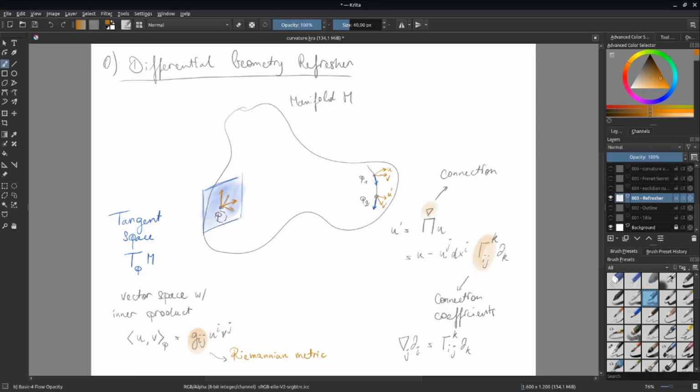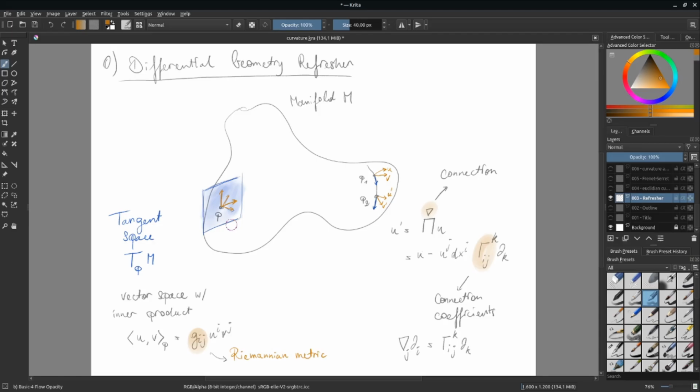You can imagine taking a point and looking at a plane that's tangent to that point. That's called a tangent space, and it is in fact a vector space. Specifically in differential geometry, it's a vector space of infinitesimal displacements around that point, and you can also think of them as tangent vectors to curves passing through that point.